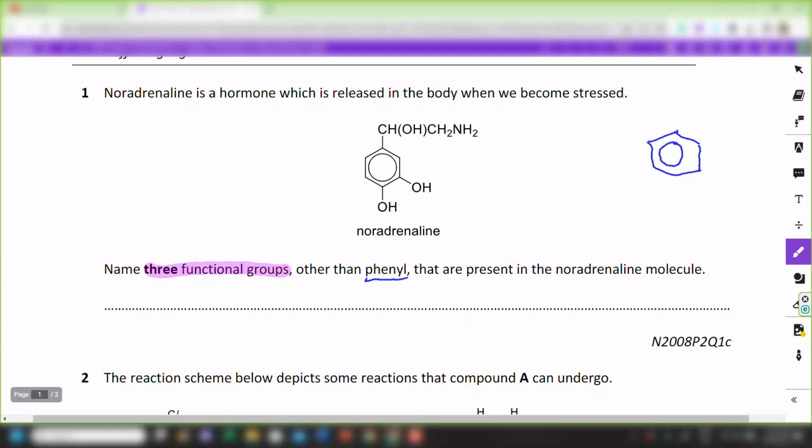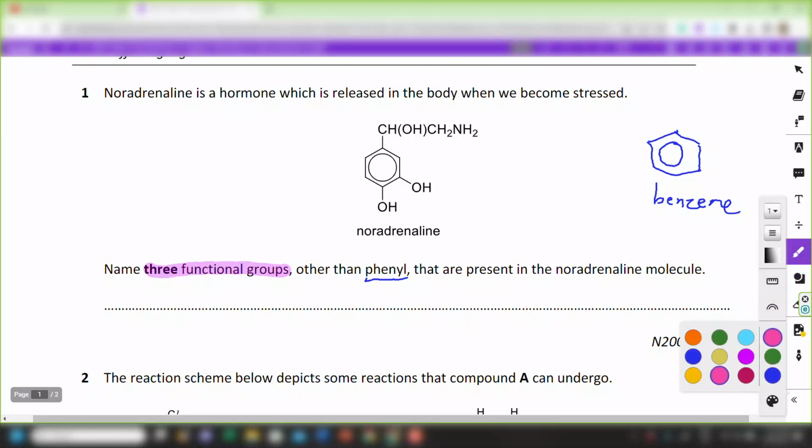And this compound is known as benzene. And when benzene is being substituted, so for example in our case here, let's say it's being substituted with CH3, then this ring is no longer called a benzene ring.